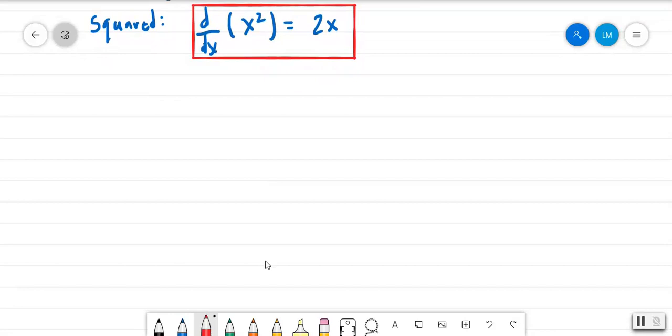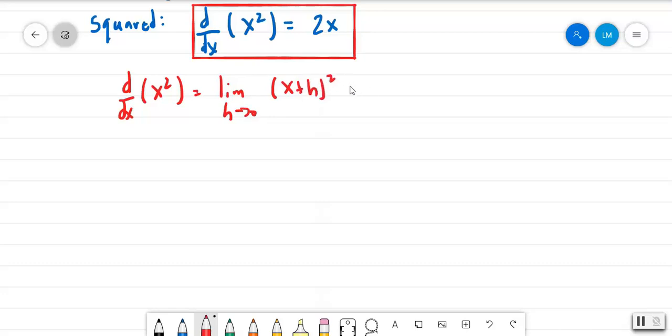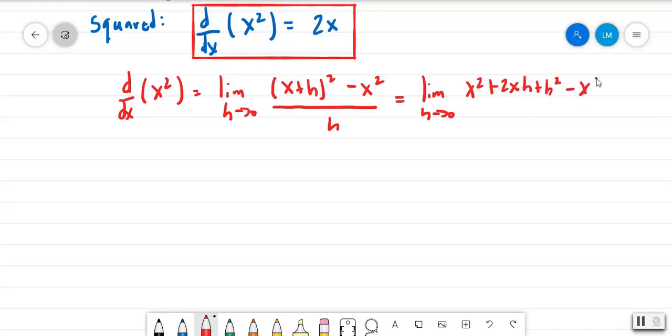So what that means is, if we go ahead and show it, the derivative of our function x squared is equal to the limit as h approaches 0 of x plus h squared minus x squared, all divided by h. Now, if we expand the parentheses, you get this trinomial: x squared plus 2xh plus h squared minus x squared.